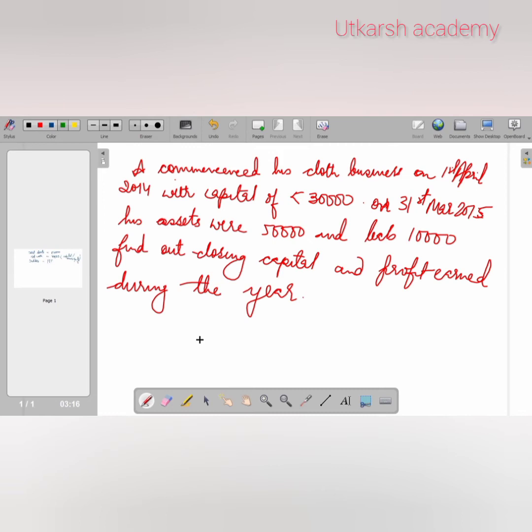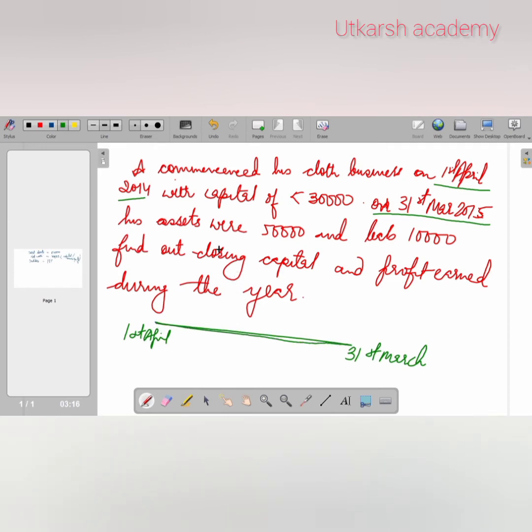If the year starts from 1st April 2014, it will obviously end on 31st March 2015. So this is the financial year.